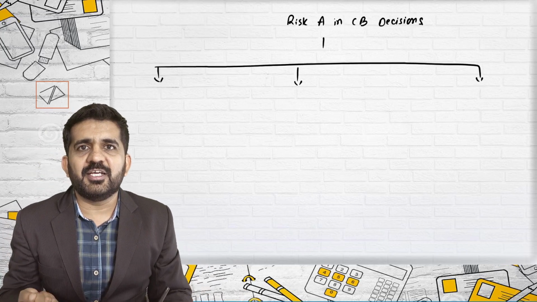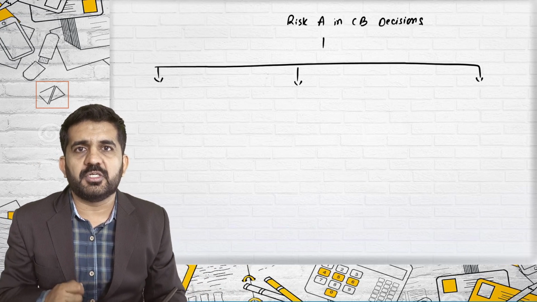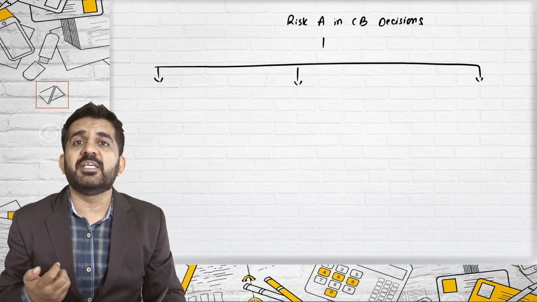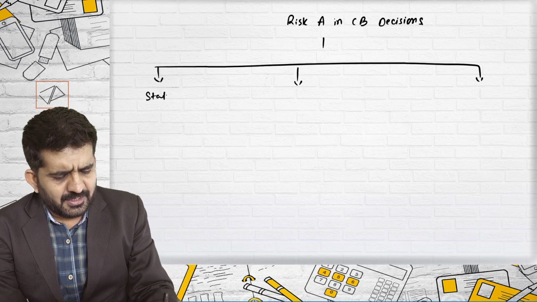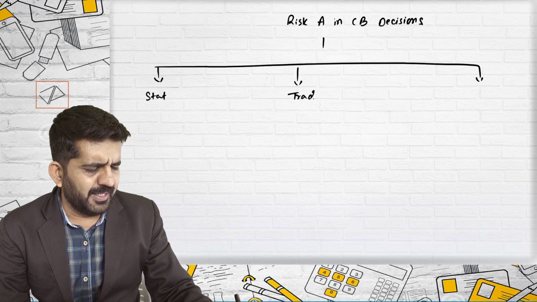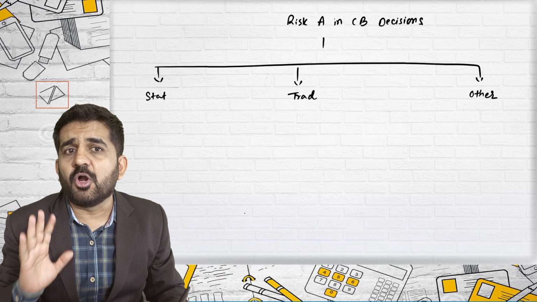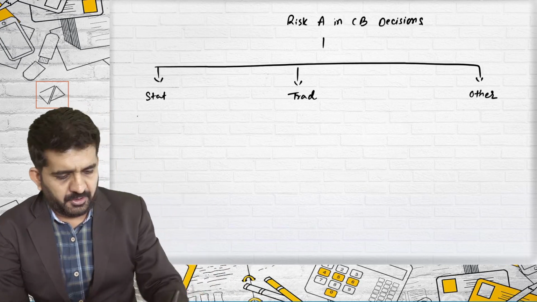We also logically understood either the risk will be incorporated in discount rate, or the risk will be incorporated in cash flows, or the risk will be calculated separately. First method were statistical method, other method were conventional or traditional method, and other methods. Name of methods are not important. It is just to understand an overview of the chapter.